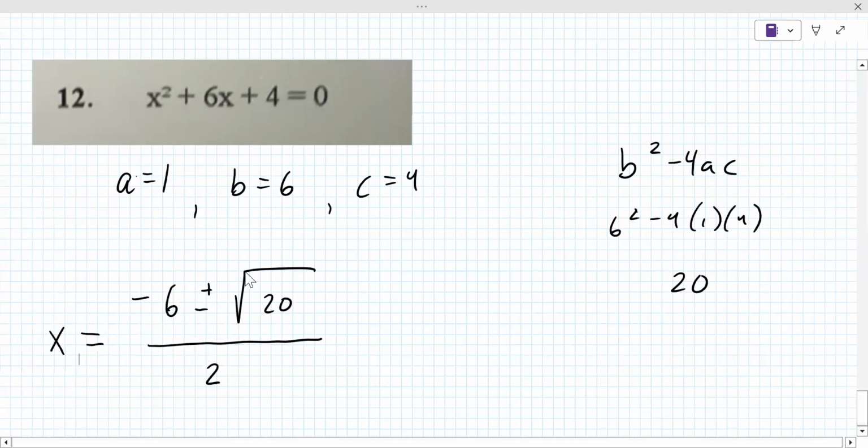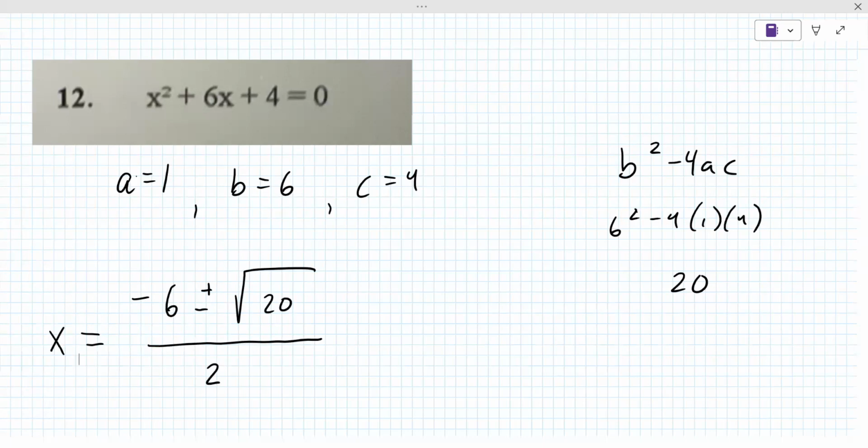This one does require you to come off to the side and figure out what the square root of 20 is. Will you try that out for us, please? Sure. I got 2 square root of 5.